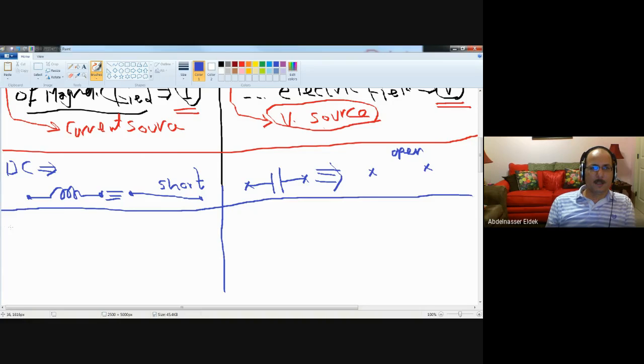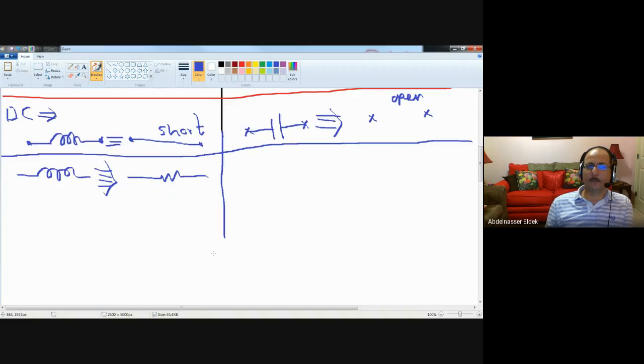What else? If you have a number of inductors in parallel or series, the inductor is the same like a resistor. Which means what?